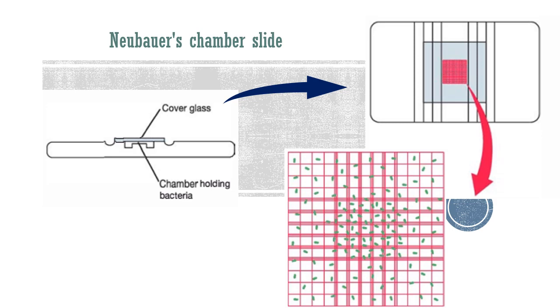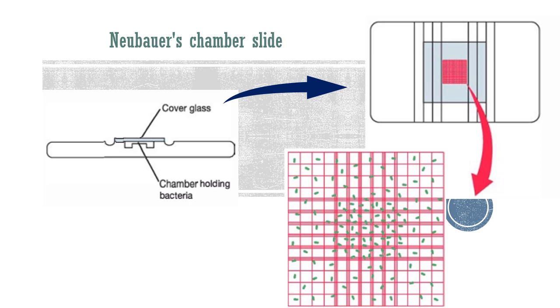As shown in the figure and in the earlier figure, the smallest chamber has a square area of 1/400 mm square. When the cover slip is placed, the chamber has a depth of 0.1 mm. Hence, each chamber will have a volume of 1/4000 cmm. Now, what is cmm? That is cubic centimeter.